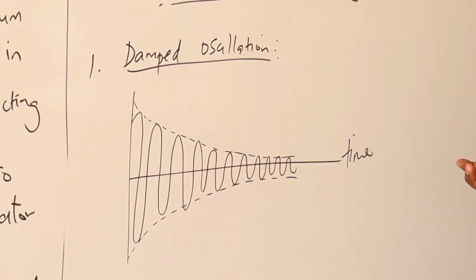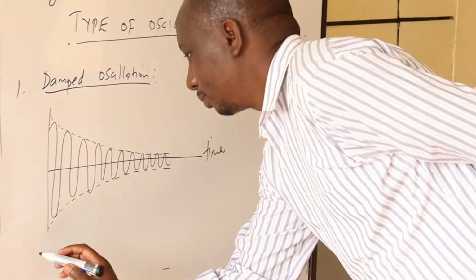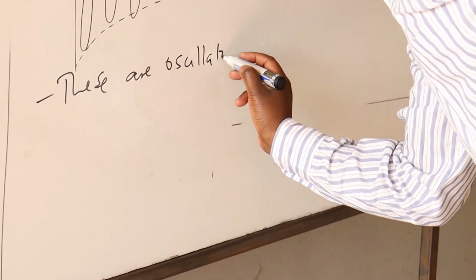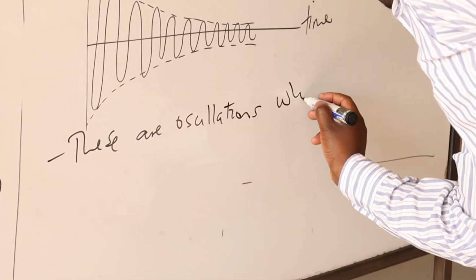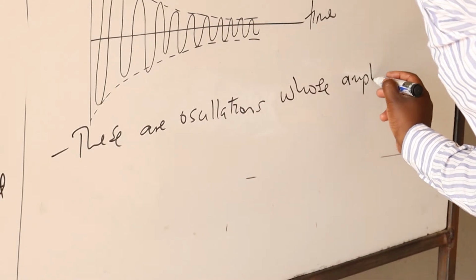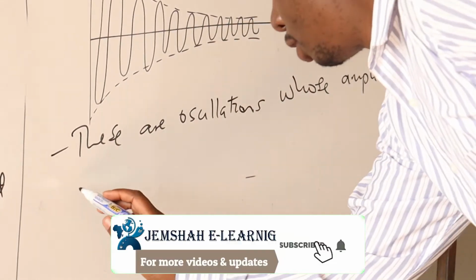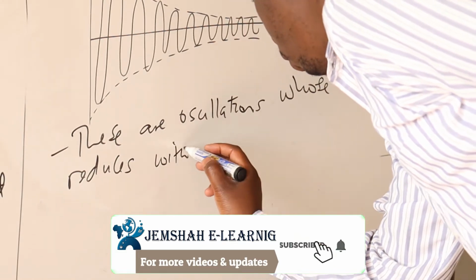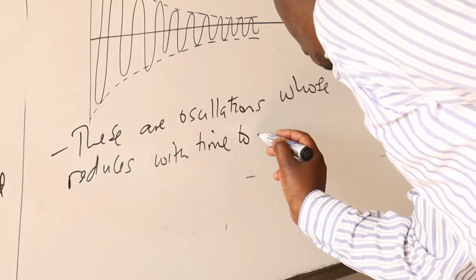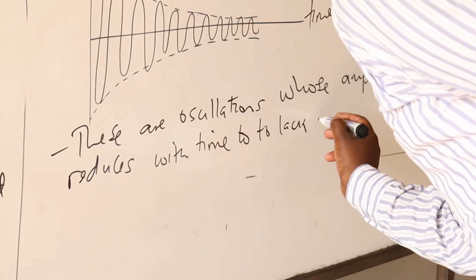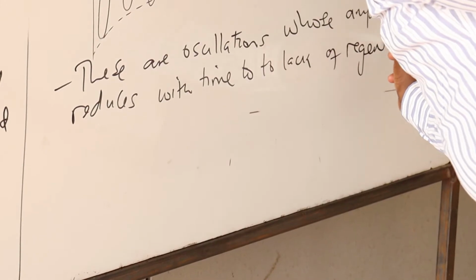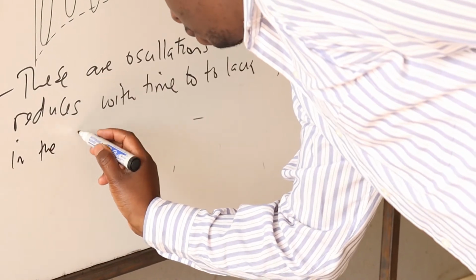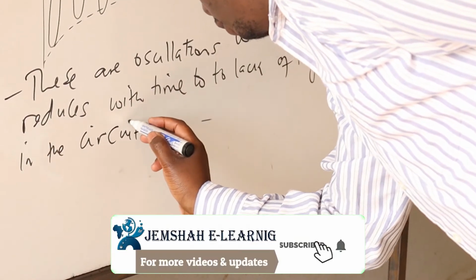So these are oscillations whose amplitude reduces with time due to lack of regeneration in the circuit.